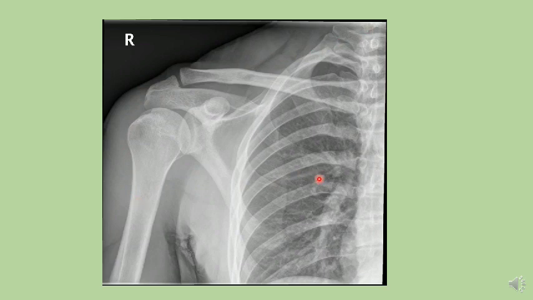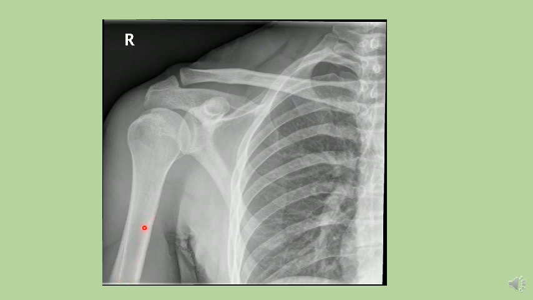It is also showing right lung field which is radiolucent. But area of interest is shoulder joint. If it is a chest X-ray, usually it is taken for both lungs and cardiac area as well. You can see here medullary cavity of humerus.